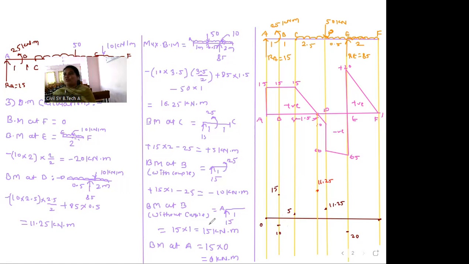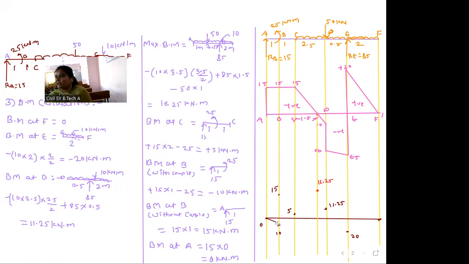Now concentrate here. Up to point C, the bending moment connection is a linear line, and from C to F, the bending moment connection is parabolic because a uniformly distributed load is applied here.